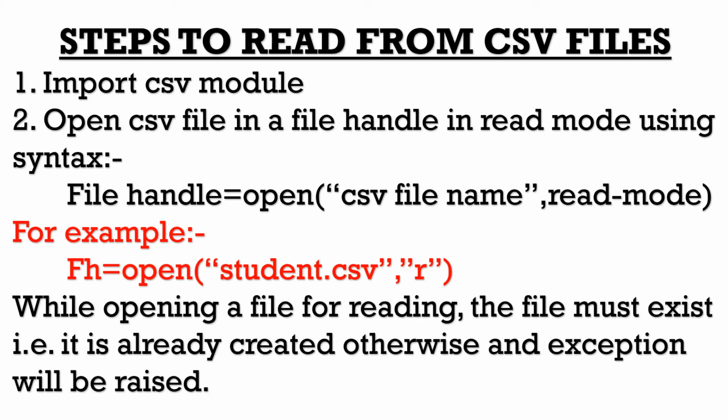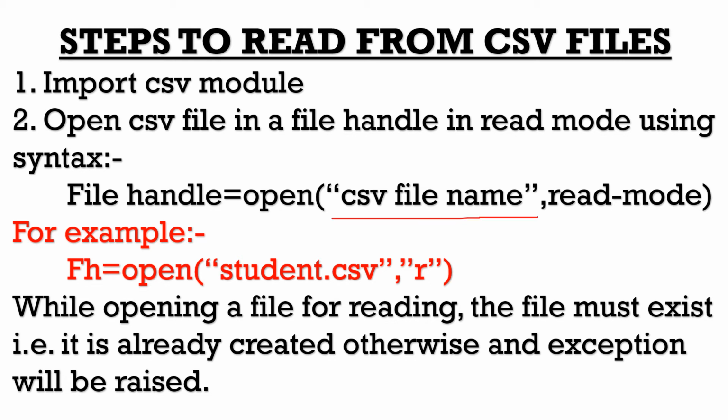So using all those rules, you will select any file handle is equal to open. Open is the function that is used to open the CSV file. Then within the double quotes, you have to write the name of the CSV file. So this is the syntax and you have to follow it as it is.